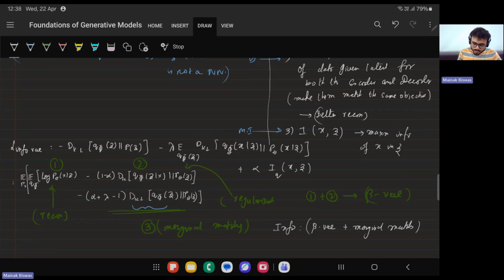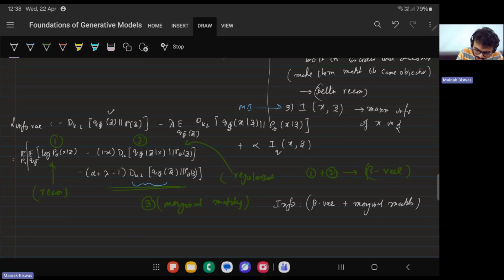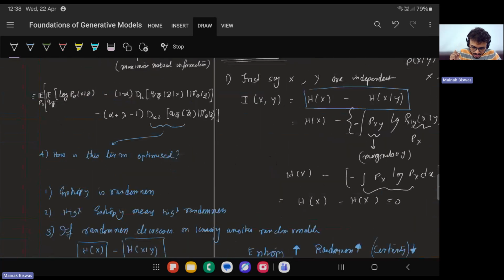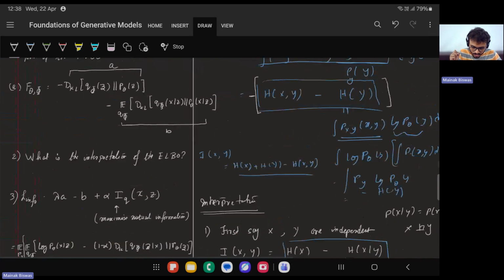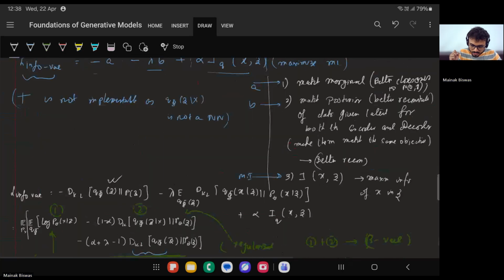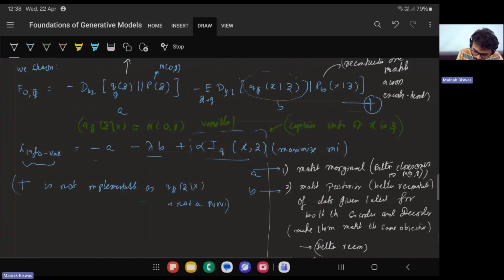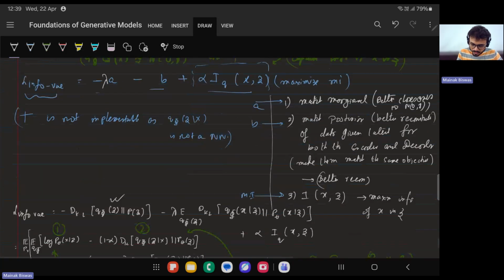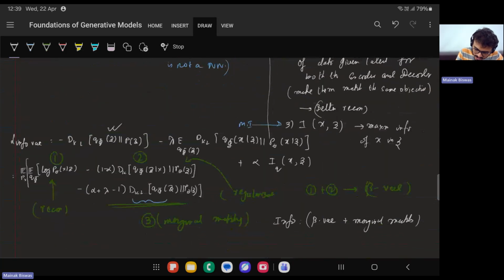So the first term that we have over here, q phi of z given x and p theta of z, is already implemented, right? Let me just check where I have the lambda. We have lambda for the first term, and the second is beta. It's just a choice of where you want to put the lambda. So the first term is okay.